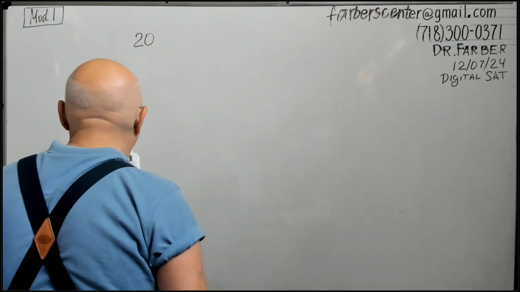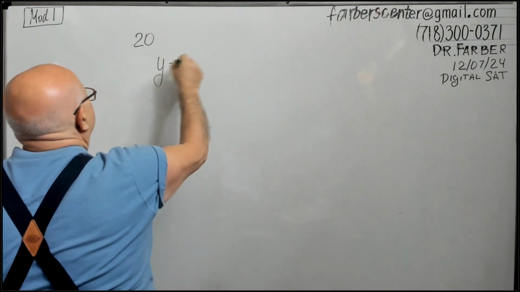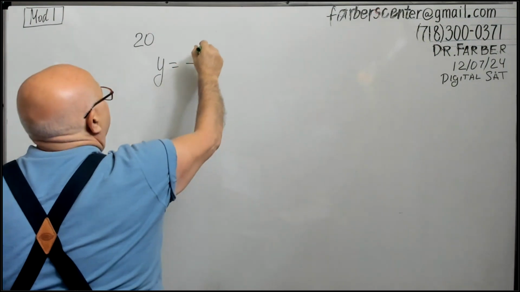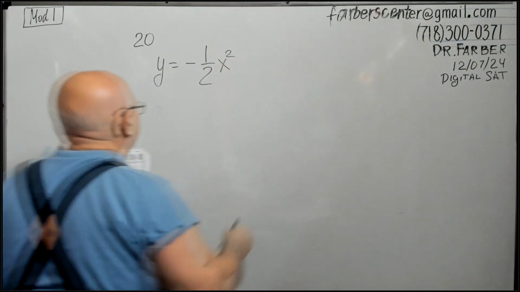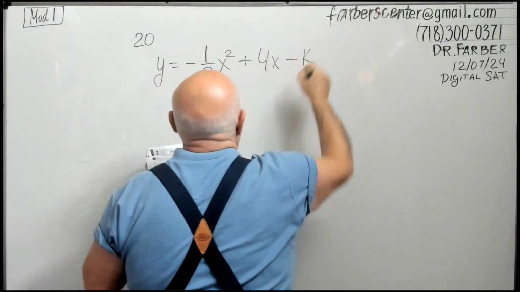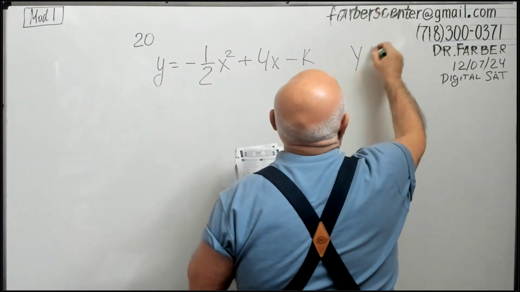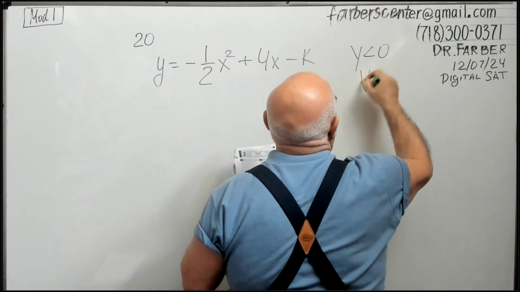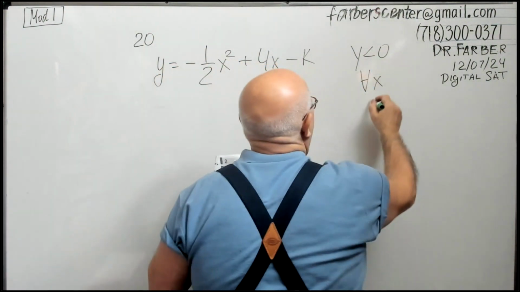In 20, y equals negative 1 over 2 x squared plus 4x minus k. y is less than 0 for all x's.